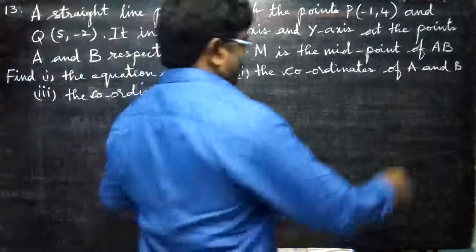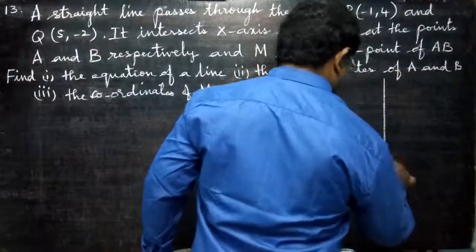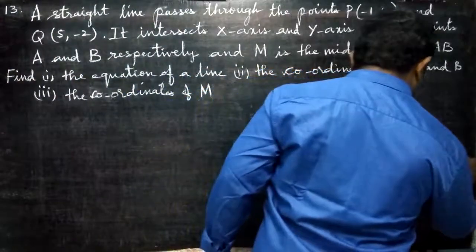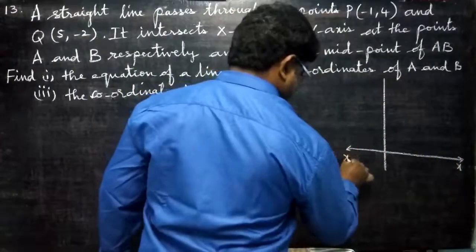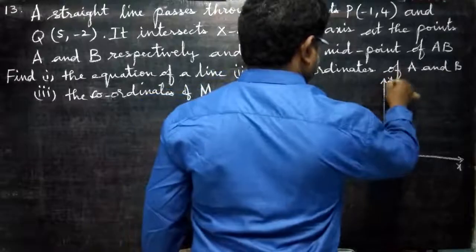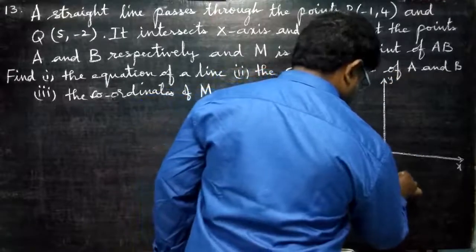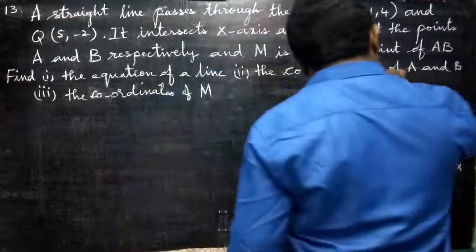Now I'll draw and I'll explain. Y-axis, x-axis, x dash, y dash. This is a line.